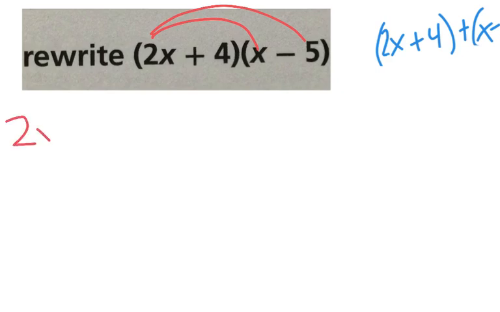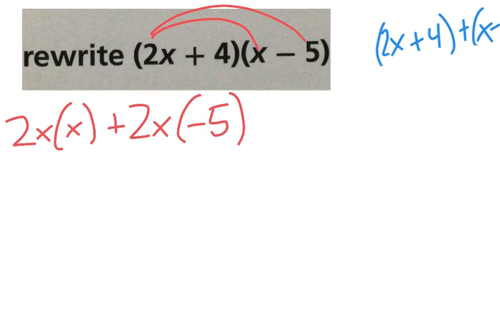I'm going to take 2x and multiply it by the x. Then I'm going to take my positive 2x and multiply it by the negative 5. Right? That's me distributing. Then I'm going to take the second term, which is the 4, and I'm going to multiply it by everything in the second parenthesis. So I'm going to take the positive 4 and multiply it by x.